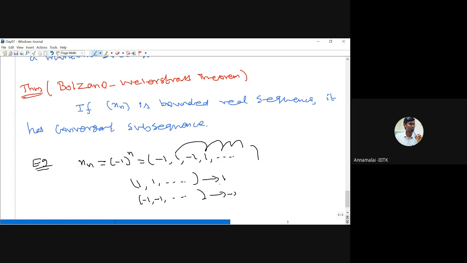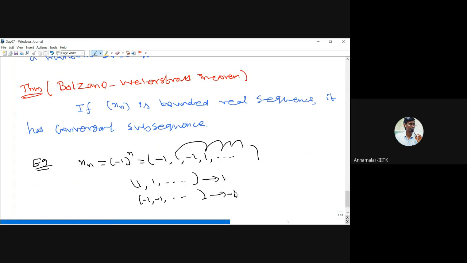So we can find subsequences which converge to some point, but not necessarily the same point. One subsequence may converge to one point, another subsequence to another point. But if the original sequence converges, then all the subsequences converge to the same point. If the original sequence does not converge, the subsequences may converge to other points, and not all subsequences converge.